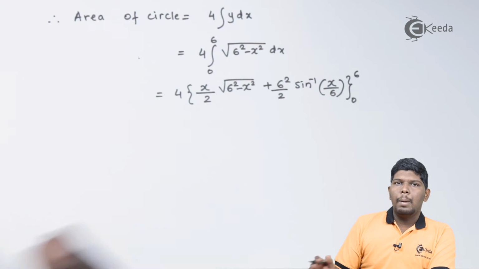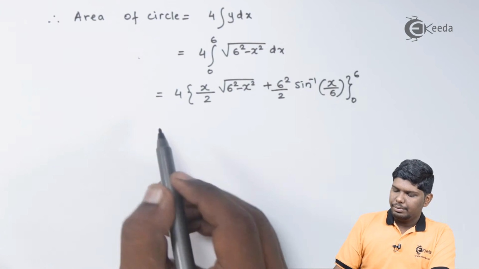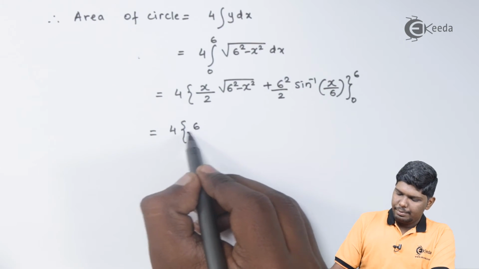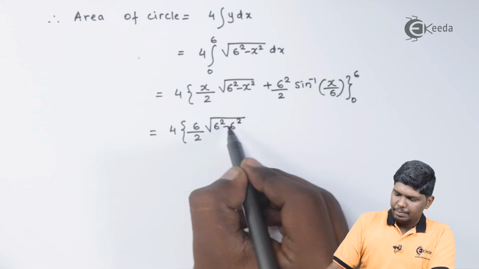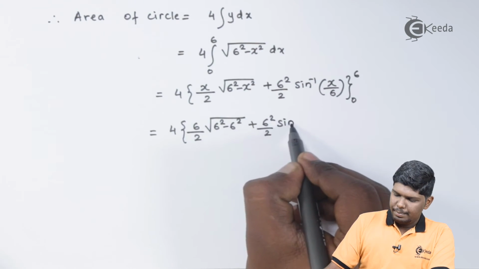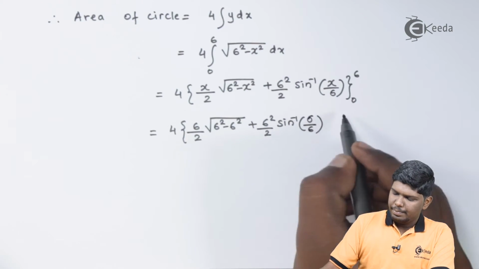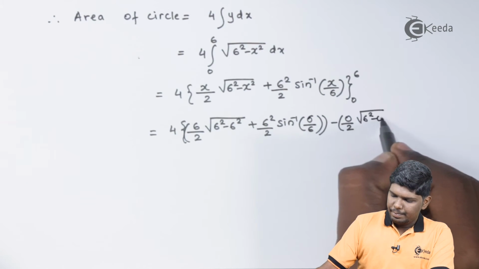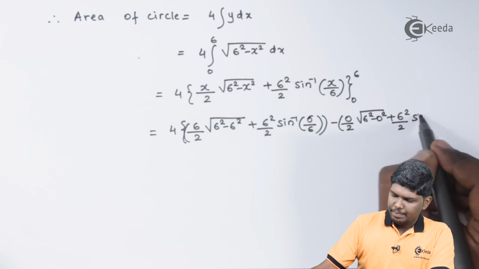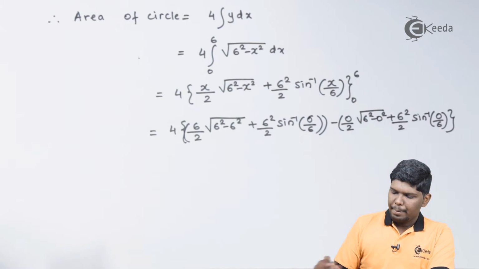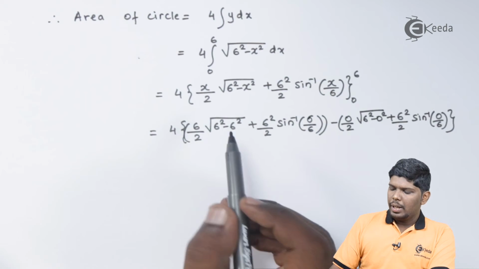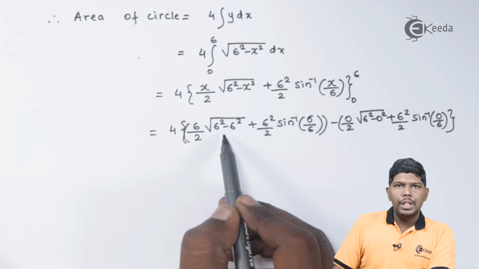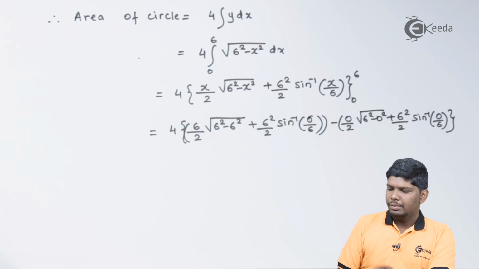Now let us substitute the upper and the lower limits. After substitution, you can see the first part will become 0, that is 6 square minus 6 square.